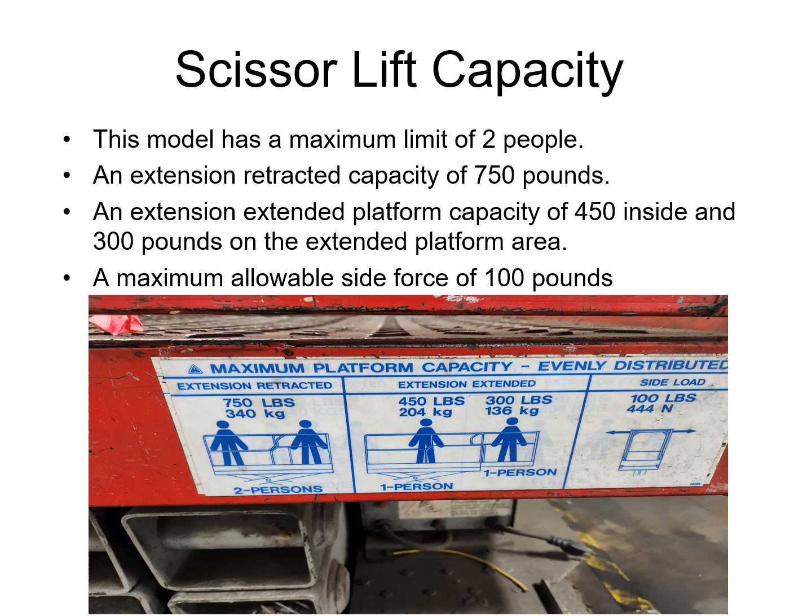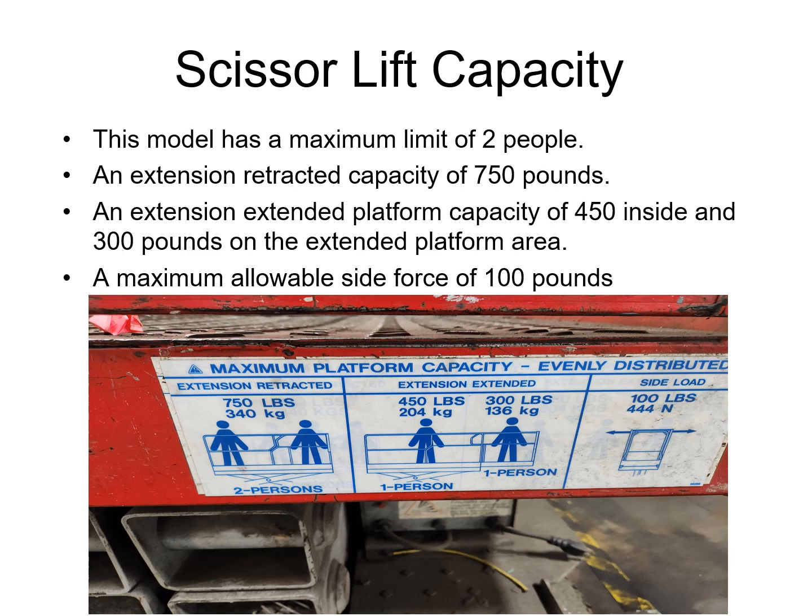An extension retracted capacity of 750 pounds, an extended platform capacity of 450 pounds inside and 300 pounds on the extended platform area, a maximum allowable side force of 100 pounds.